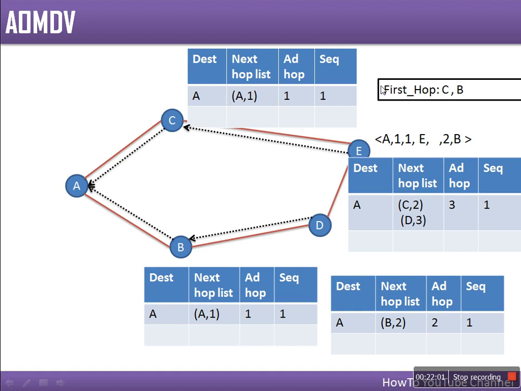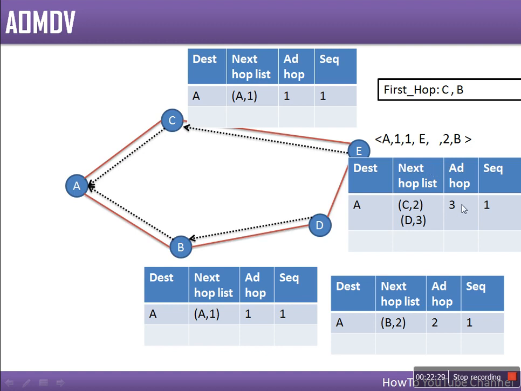Every node maintains a first hop list for every route request packet. Now this routing table has two paths for node A. One path has 2 hop distance, another has 3 hop distance. So the advertised hop count will be the maximum of these two. So the advertised hop count is 3.